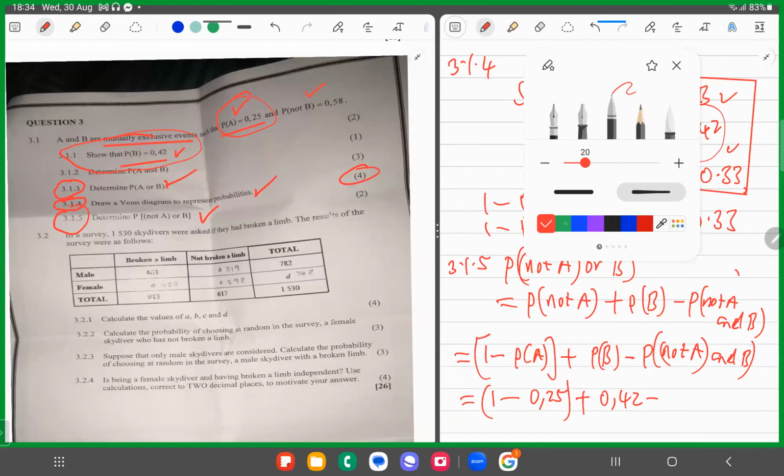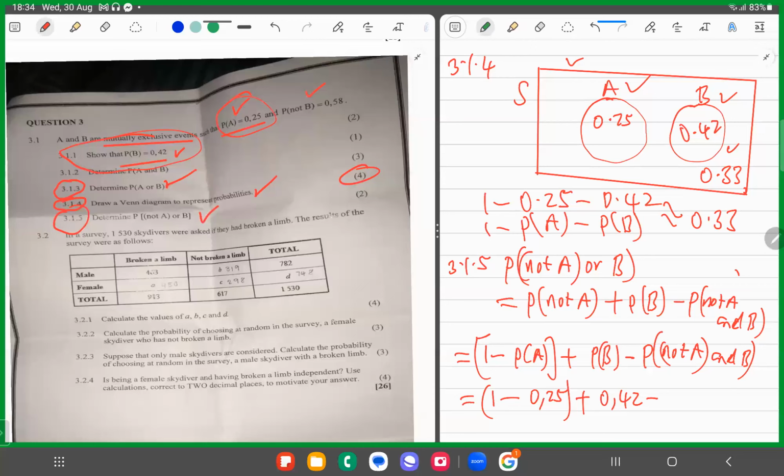If you say not A, you are looking at what is happening outside A, and it must intersect B. So it is just the probability of B, which is 0.42.